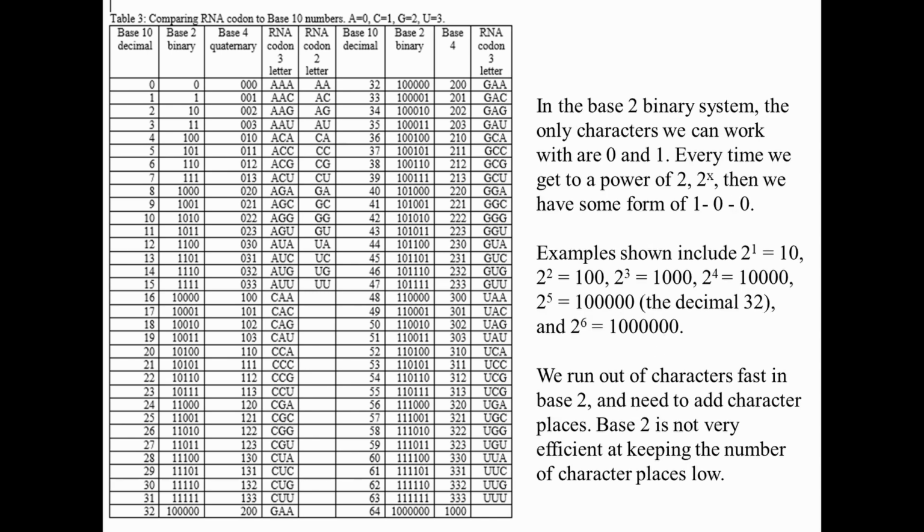In the base 2 binary system, the only characters we can work with are 0 and 1. Every time we get to a power of 2, 2 to the x power, then we have some form of 1, 0, 0.